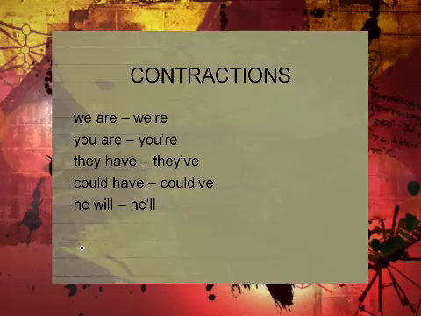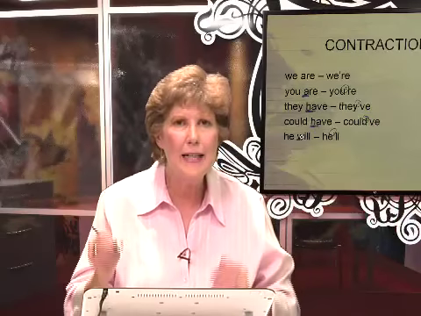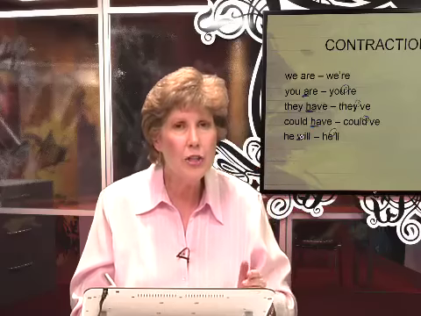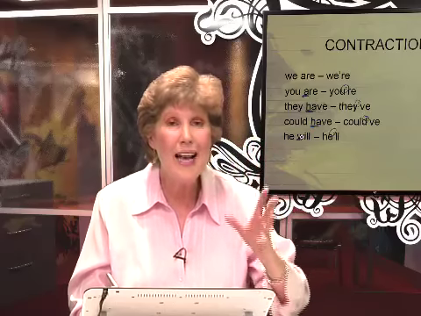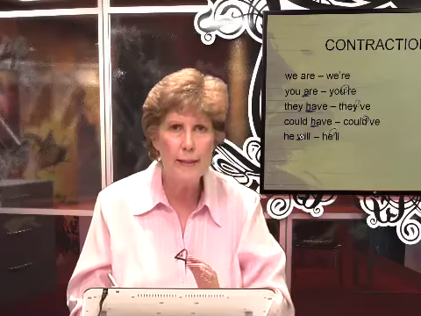You are, you're, they have, they've, could have, he will, he'll. Again, it's very important that you focus on where the apostrophe is. It's replacing the A, replacing the H and the A, the H and the A, and the W. So you put the apostrophe where the letter has been left out. And as I said, contractions are an immediate sign of informal English.